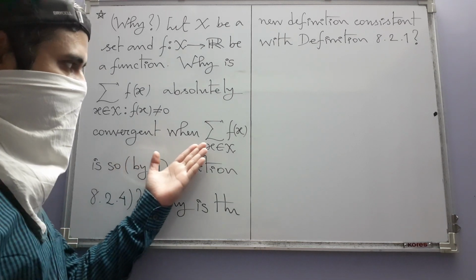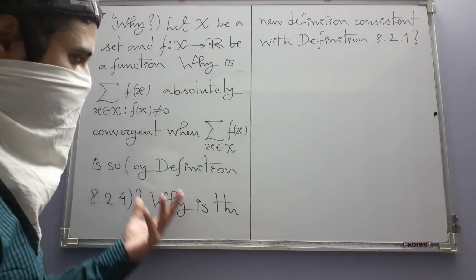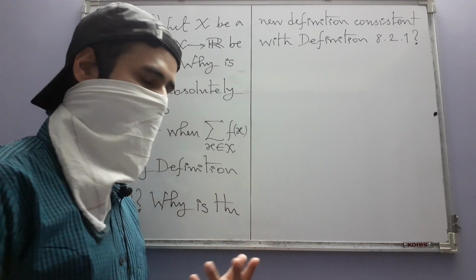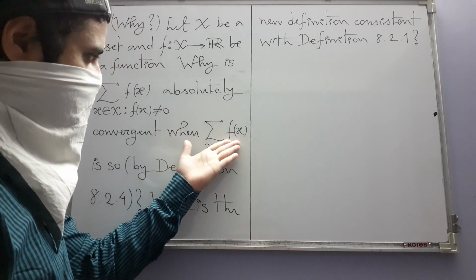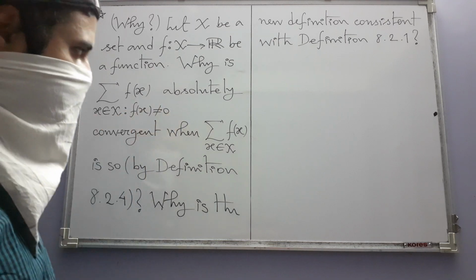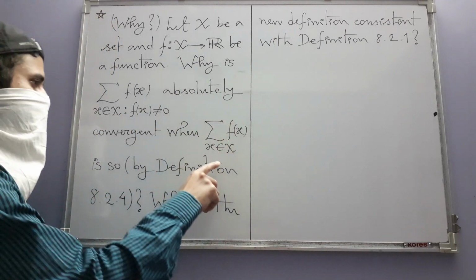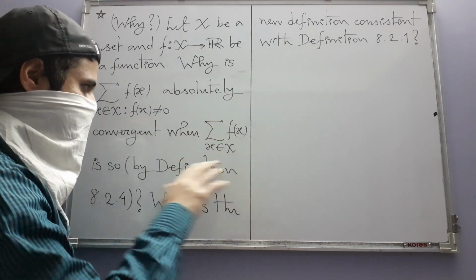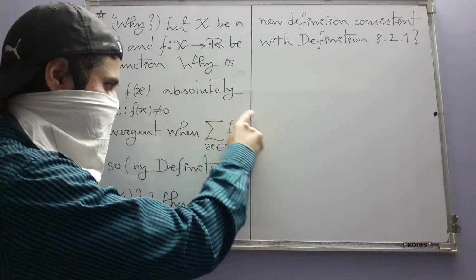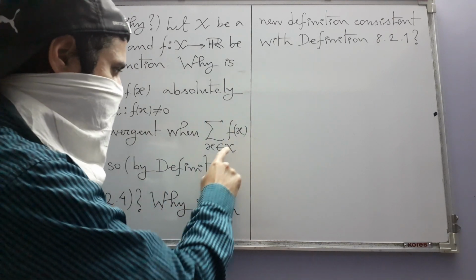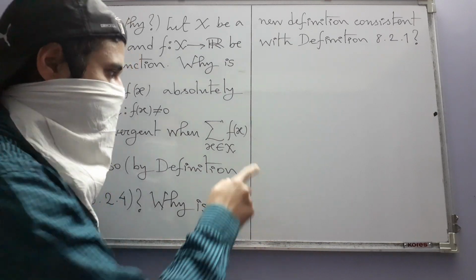But have we not already proved this? The answer is no. The author just remarked that this should be true, or clearly when this is absolutely convergent, then so is this. Why? Because it's easy to believe, no? I mean, without being too rigorous, if you just simply casually think of this sum, then it is the sum of all the f values.